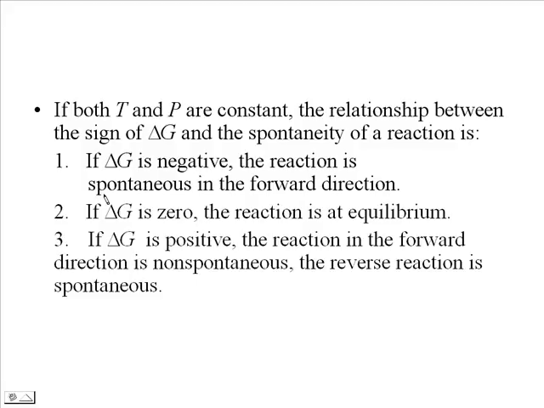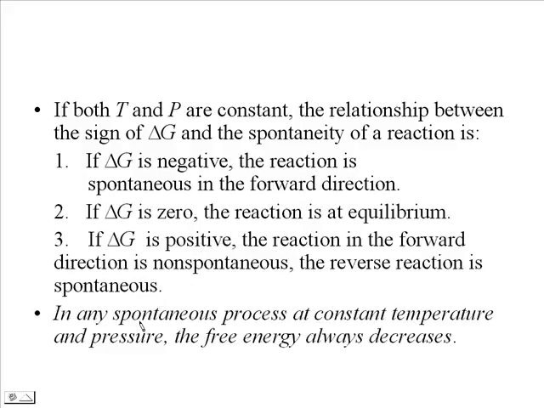And if delta G is positive, the reaction in the forward direction is non-spontaneous. What's important is that if the forward reaction is not spontaneous, then the reverse reaction is spontaneous.